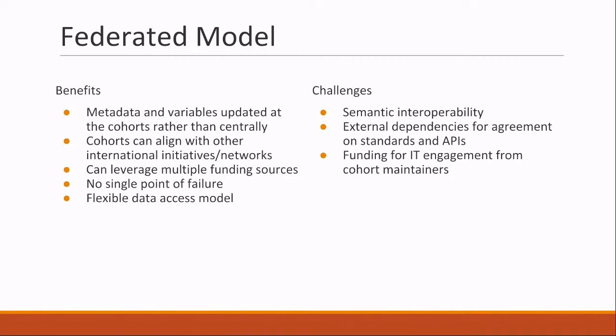There are some nice things, like not having a single point of failure for the whole network. If you've got a discovery network, you're not going to have a single point of failure for sending out cross-cohort queries. And probably the most important is that we need a flexible data access model, because what type of data can be shared, how it can be shared, and how you can access it is going to be really heterogeneous across the cohorts.